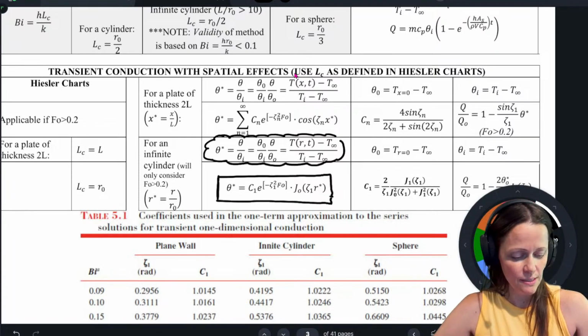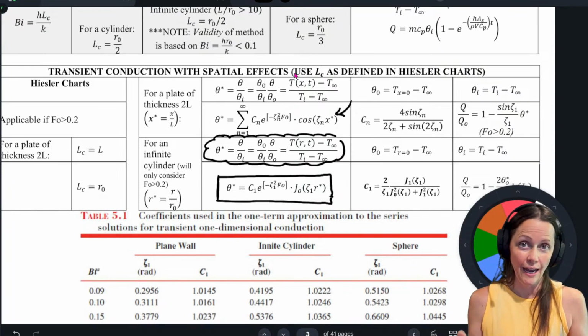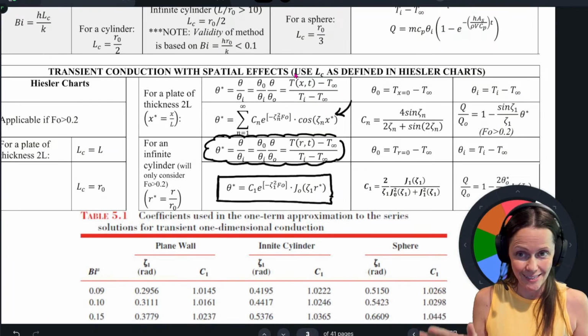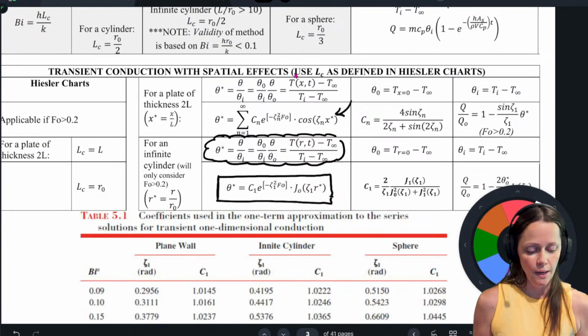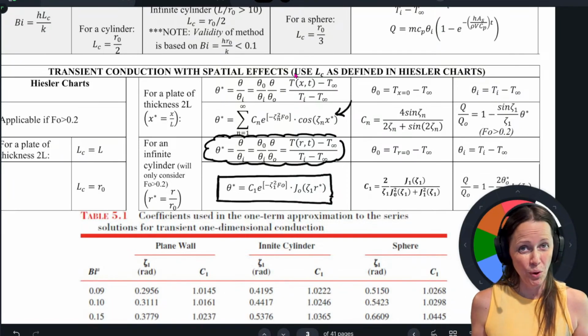And you'll notice that unlike this one, it doesn't have a little summation. It doesn't indicate that it's a series solution, but it is a series solution. But I just wrote it with the one-term solution because in this class, we're only going to evaluate that series solution using just one term.